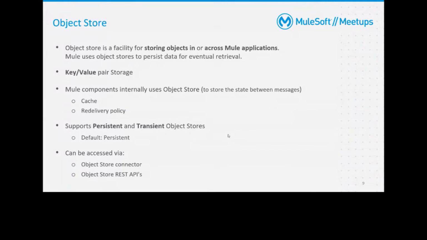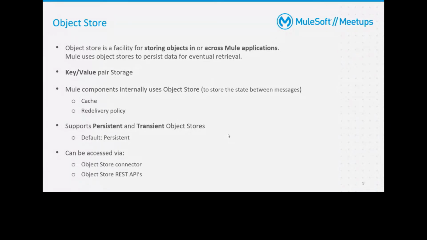So this is when an object store comes into the picture: when you want to save data which you want to access between applications, and also between the message flows.